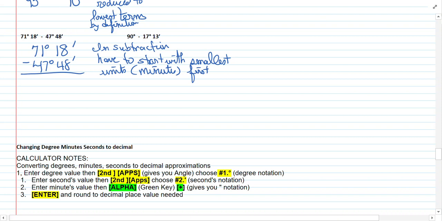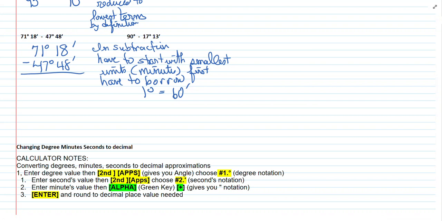And I have to borrow. One degree equals 60 minutes. So I'm going to come over here, and I'm going to make this 70, and this 60. All right.